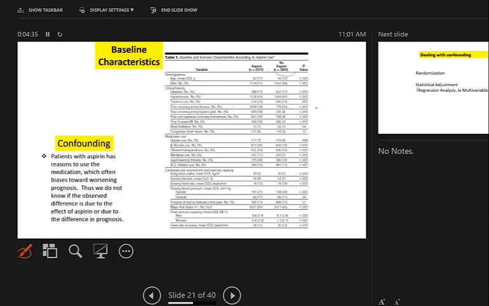So what does this mean? People who use aspirin had a reason to use aspirin. So their doctors are good, right? They are prescribing aspirin because there is a reason, right? So now you know these two populations are different, a lot different.